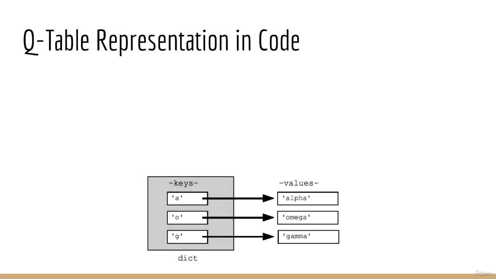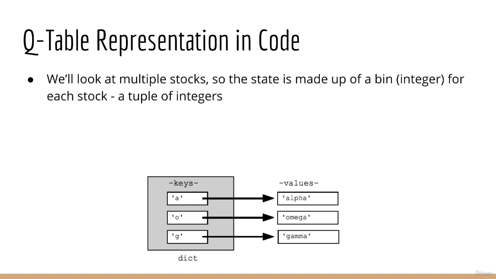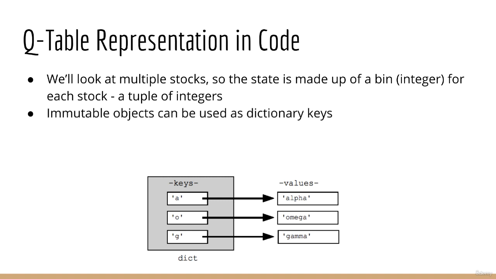One last detail I want to discuss in this lecture is how we will represent the Q table. Since we'll be looking at the returns from multiple stocks, our state will actually be a tuple of integers, rather than just a single integer. Luckily, Python has the perfect data structure for this, which is the dictionary. As long as your object is immutable, you can use that object as a dictionary key.